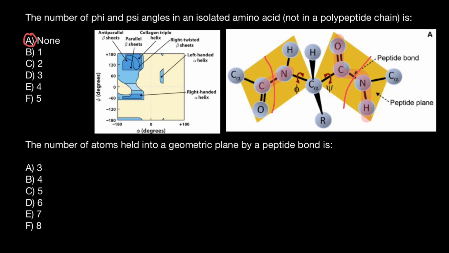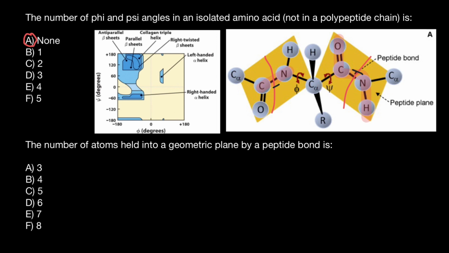So this is partially also a double bond, and there is no rotation here. The only rotation possible is between the central alpha carbon and the amino group, and the central alpha carbon and the carboxylic group. So all these atoms in this plane are going to rotate together.